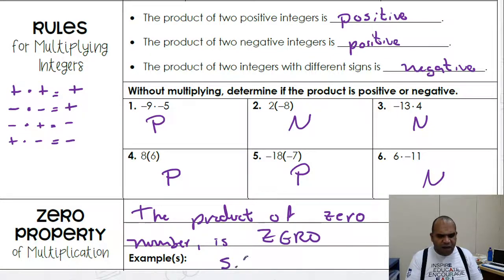Example: 5 times 0 is 0. Negative 123 times 0 is 0 too.